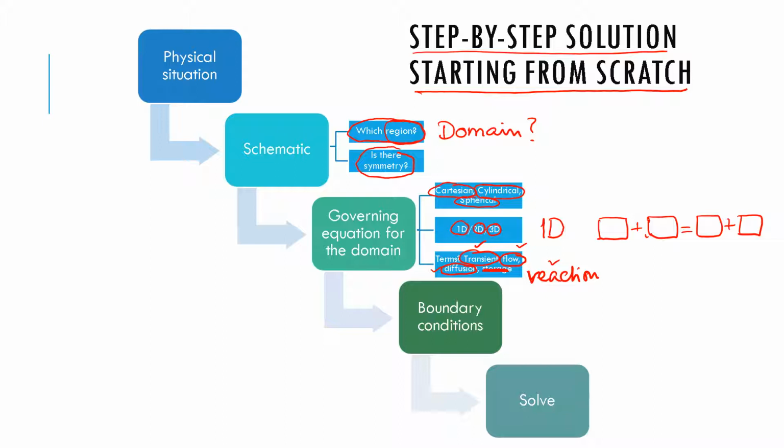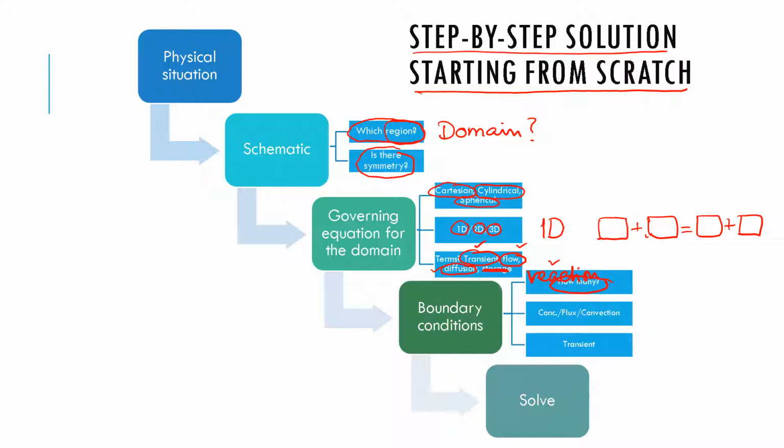And the most important thing now is to see which terms do I need to keep. As we keep the terms, of course, the solution process gets harder. Finally, for boundary conditions, we have to first decide how many boundary conditions.